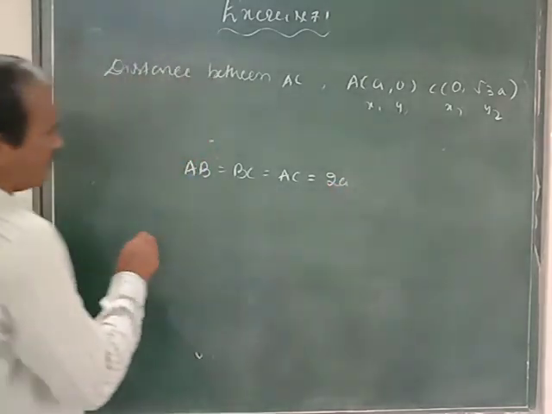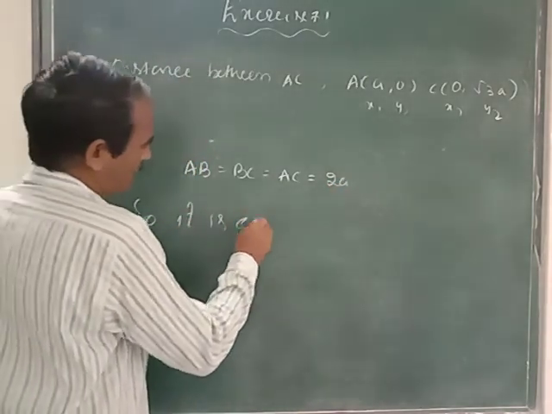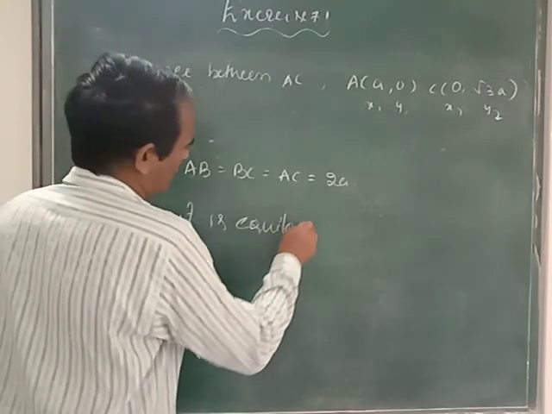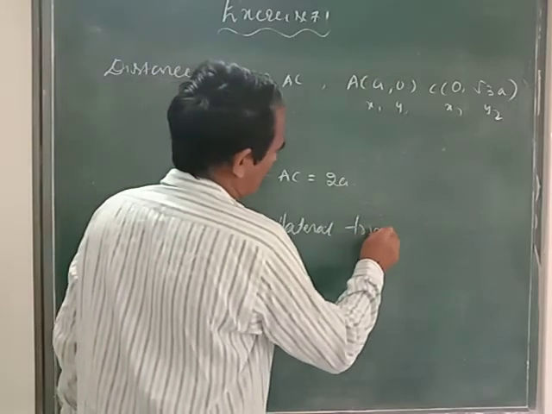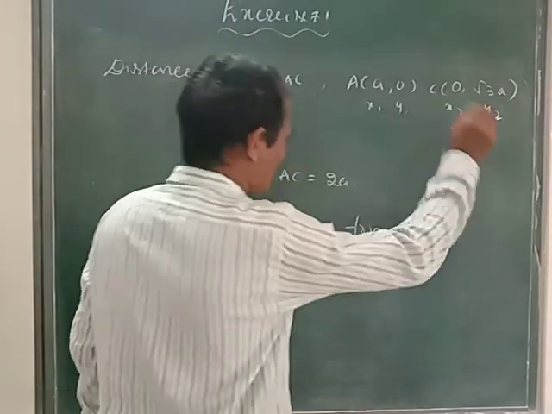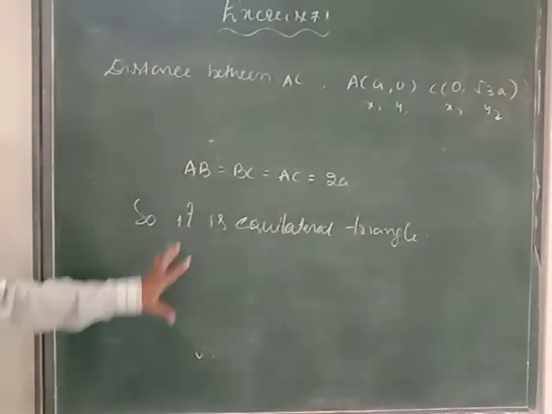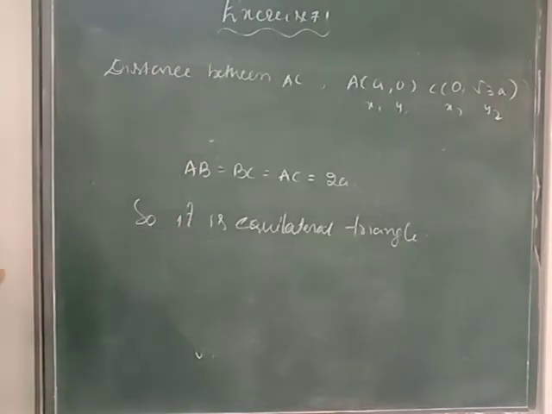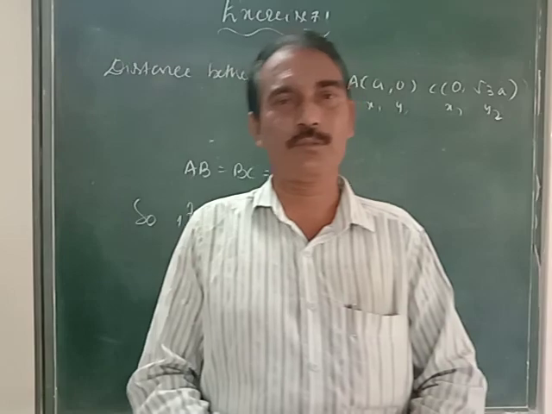So it is an equilateral triangle. Okay, it is enough, this is maximum. They are giving 4 marks. Okay, then thank you, children. The remaining sums we have to do.